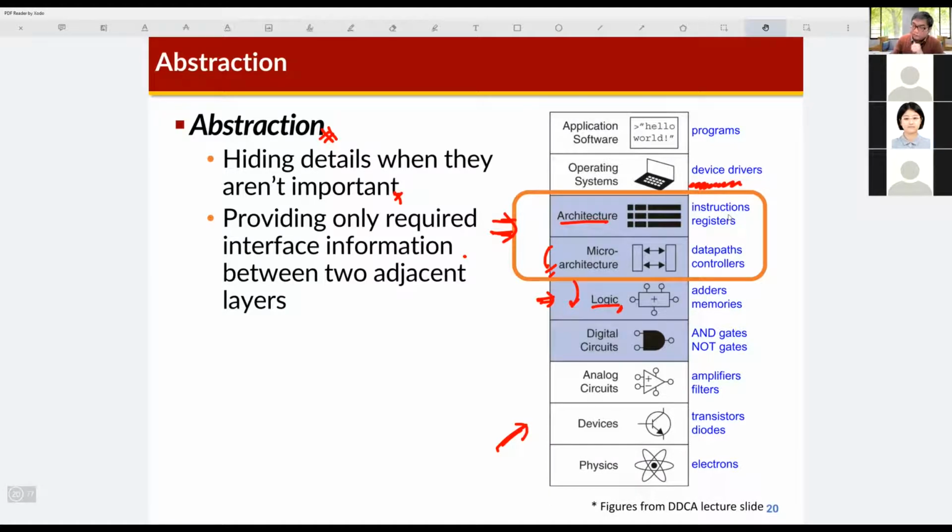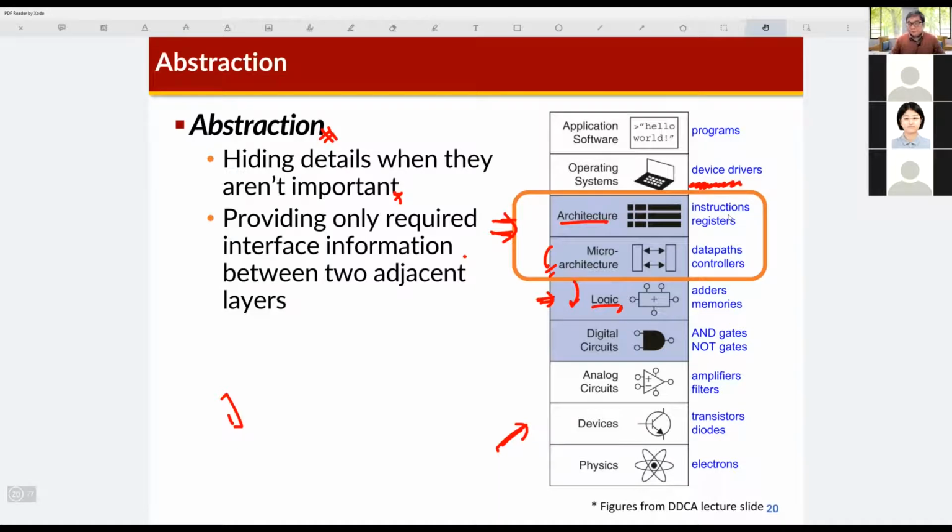Microarchitecture means things like pipelining, instruction fetch, or the ALU. So you will learn this in this course. Also, we handle the architecture. Architecture means how to organize the memory system, how to organize the processor and other I/O devices, buses, and the entire computer system, the computer hardware.